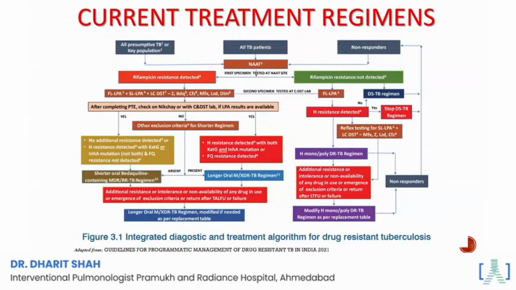First is the H-mono or poly-DR-TB regimen. Previously, we were also using a shorter regimen, but nowadays we are shifting shorter regimen patients to the shorter all oral bedaquiline regimen, and there is a longer regimen called the all oral longer bedaquiline regimen. So mainly there are three different regimens for drug resistant tuberculosis.